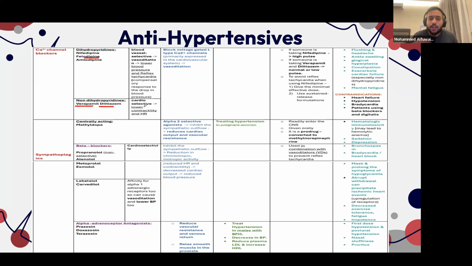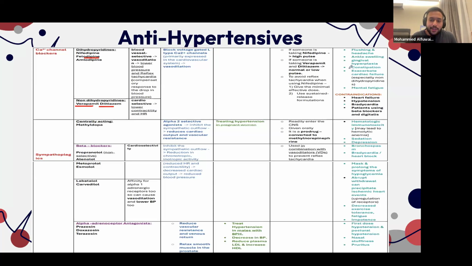These are the two effects. Important side effects that I want you guys to remember and contraindications is number one, peripheral edema. This is one of the most common side effects of calcium channel blockers, okay? Remember this. Why? Because it causes vasodilation, all right? Most likely in the periphery, okay?